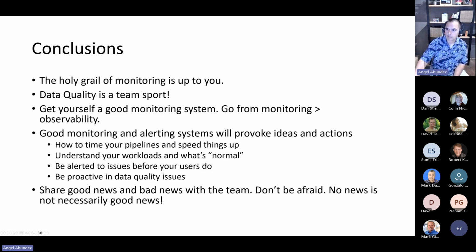It also helped me understand what normal operation looks like for us. And now more than ever, we are constantly trying to be smarter about what we are alerted to, so that we know the issues across all our data sets before the users do.